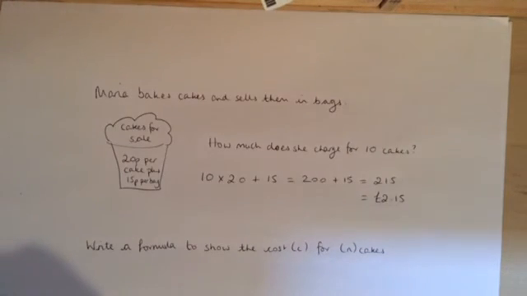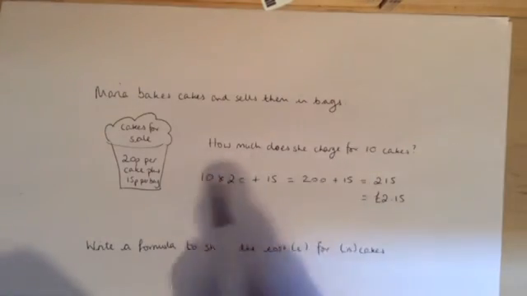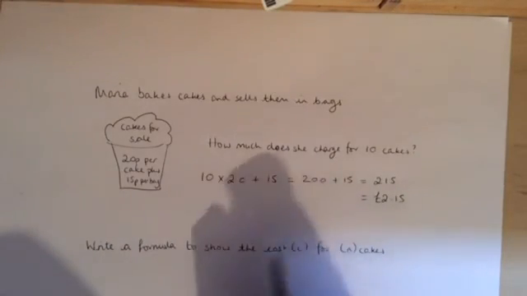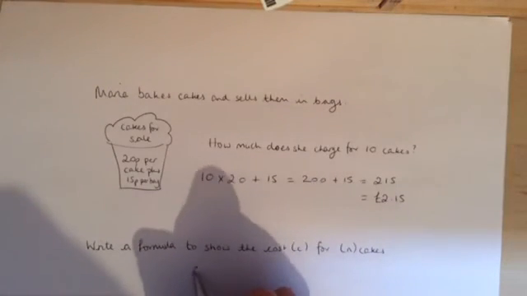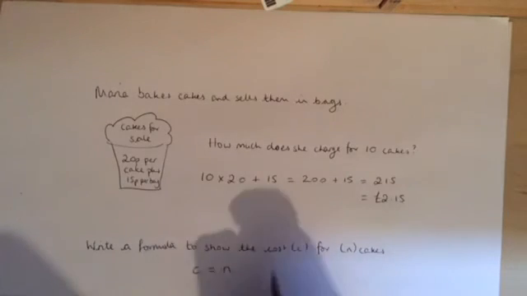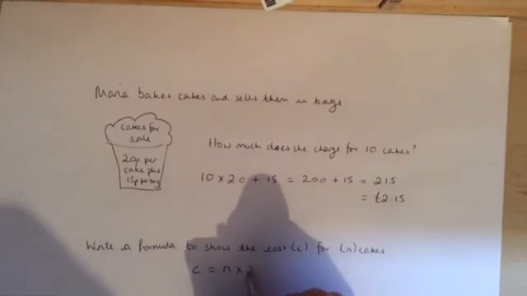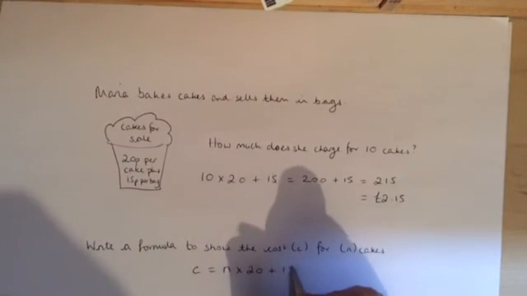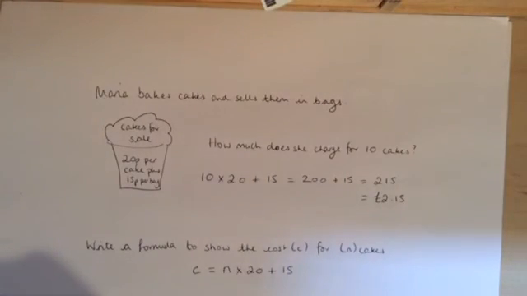Okay, so let's have a look. So the number of cakes is the variable that's going to change, isn't it? The cost per cake stays the same. Our total is C. So C equals the number of cakes times the cost per cake plus the 15p for the bag.